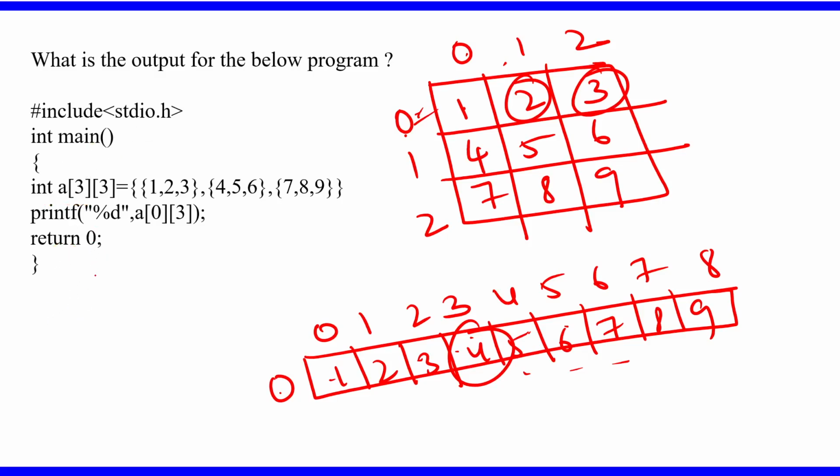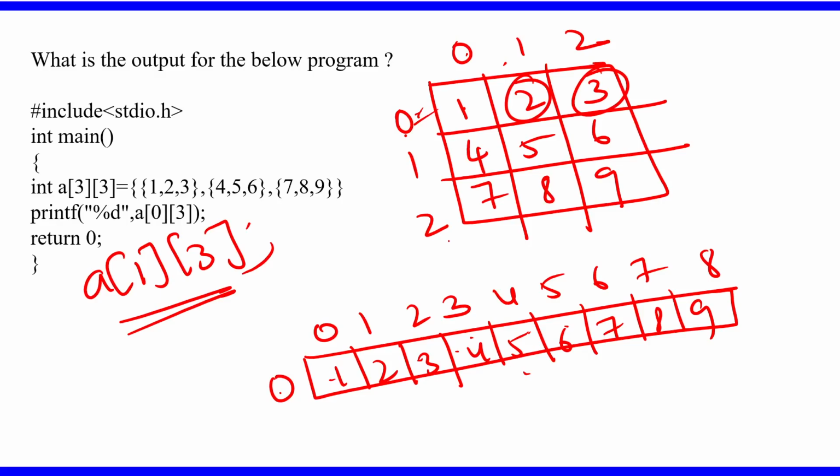Now, for the same problem, let us take one more different question. Suppose I ask you what is the value of a of 1, 3? From this table, can you tell me the value of a 1, 3? The index will begin from 0.